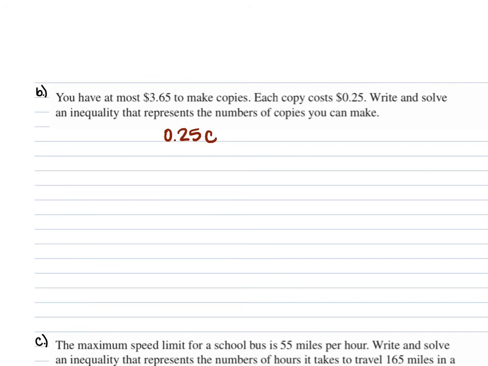We have at most $3.65 to make copies. So our copies cannot be more than the 3.65. Our copies have to be less than or equal to 3.65.